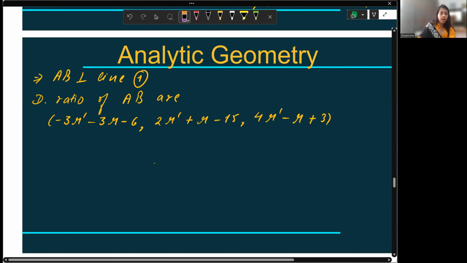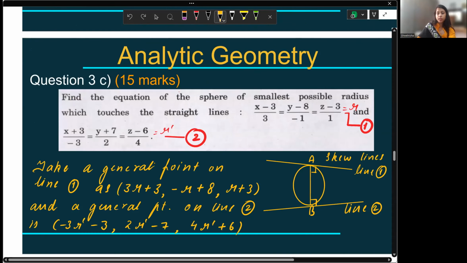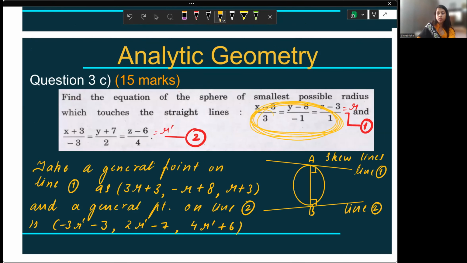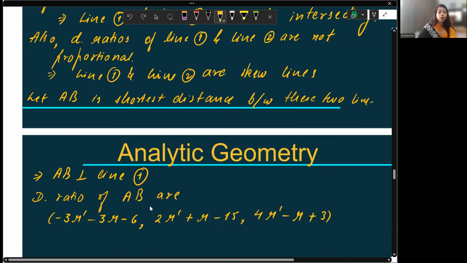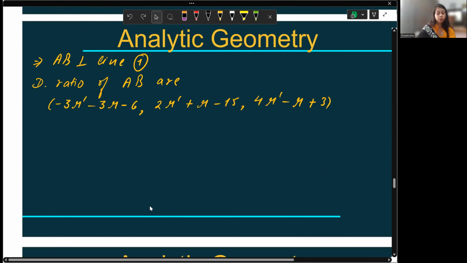One is line AB, another is line 1. What are the direction ratios of line 1, which are given? 3, minus 1 and 1. So if these lines are perpendicular, I have a relation between the direction ratios, right?